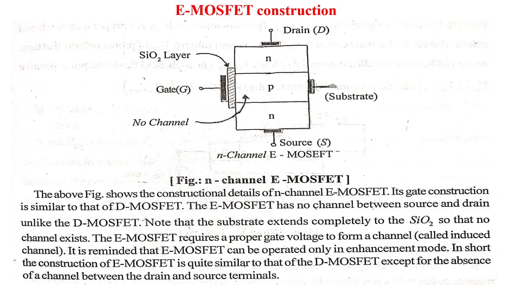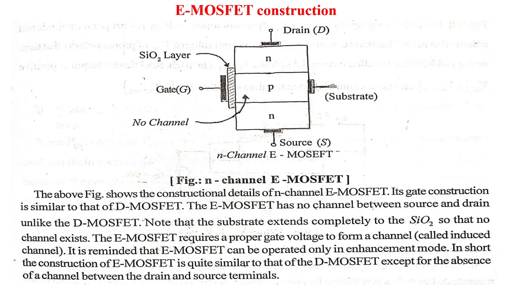This metal oxide semiconductor forms a MOS diode. Consider drain to be positive with respect to source as indicated here.